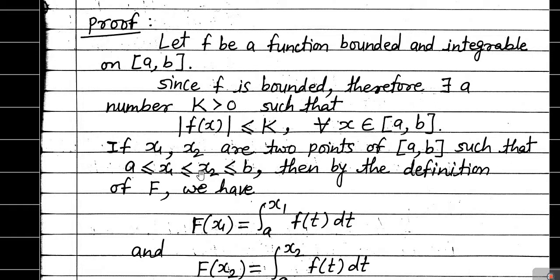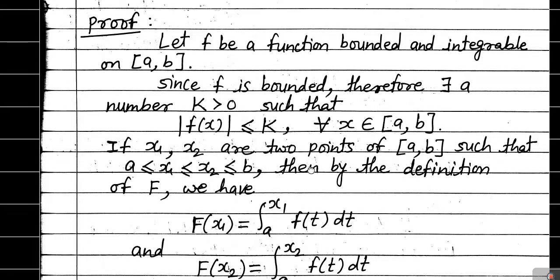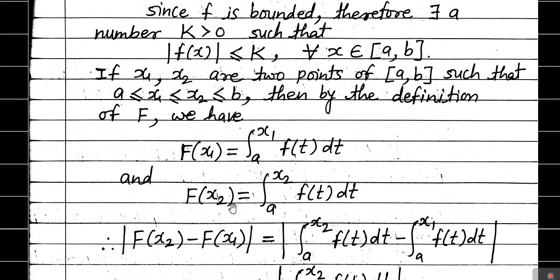Now if x1 and x2 are any two points of the closed interval a to b such that a is less than or equal to x1 is less than or equal to x2 is less than or equal to b, then by the definition of the function capital F, we have capital F at point x1 equal to the integration from a to x1 of small f of t dt, and capital F at point x2 equal to the integration from a to x2 of small f of t dt.